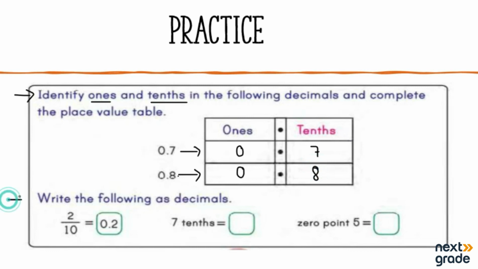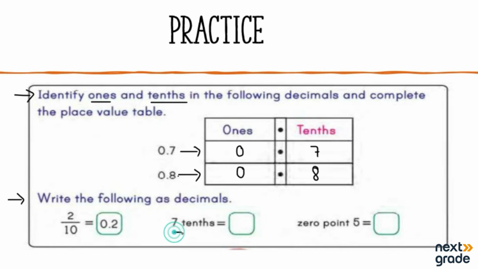Okay, let's look at the next question, that is write the following as decimals. ये number आपको fractions में दिए हुए या statement में दिए हुए, आपने इसको decimals में लिखना है. For example, 2/10, then we are going to write it as a decimal. It will be 0.2. इसी तरह we have 7 tenths.